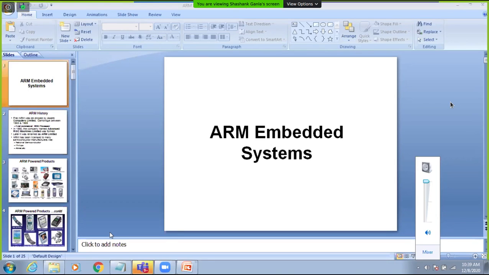It is a CPU architecture preferably used in the microcontroller series. And we have the R series, M series, and the A series, where A stands for application, R stands for real time, and M stands for microcontroller series.